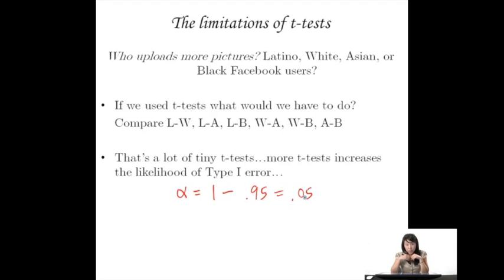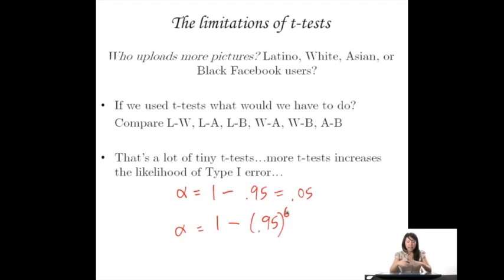But now that we want to calculate the probability of type 1 errors for 6 T-tests, we have to think back to our probability principles. But really, alpha is going to look something like this: 1 minus whatever your correct rate is to the 6th power. And that's going to be a much higher type 1 error rate than you really want, right?